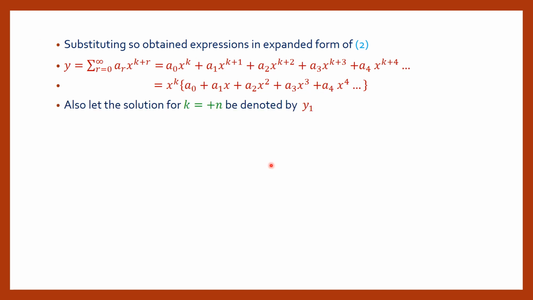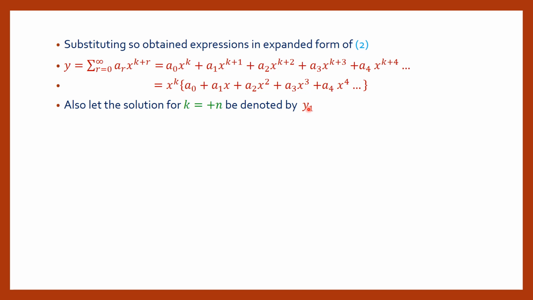Putting k equal to plus n, because throughout the previous steps we have considered k equal to plus n, so we take k equal to plus n. Also, when we put k equal to plus n, its solution we denote as y1, because we have another option k equal to minus n, so that solution we will take as y2. So the solution, let it be y1.